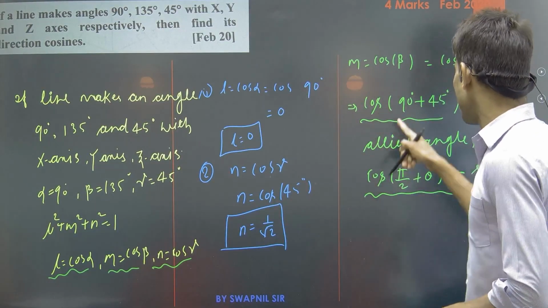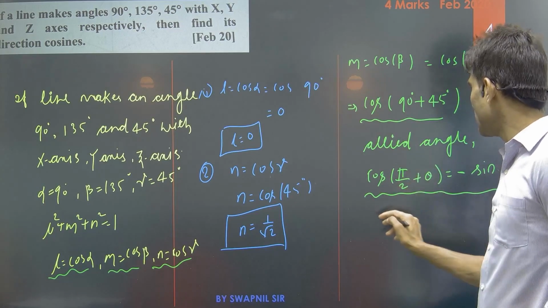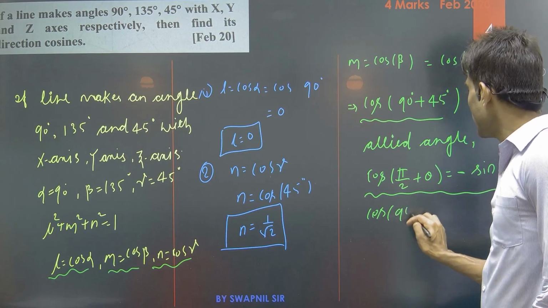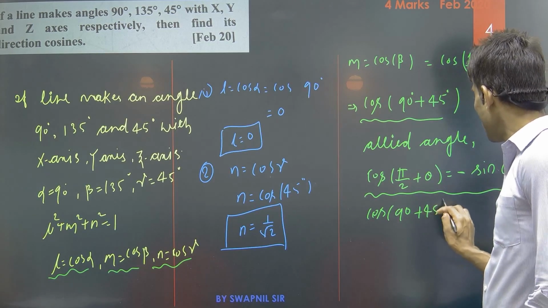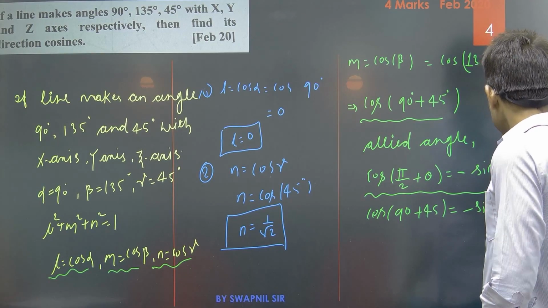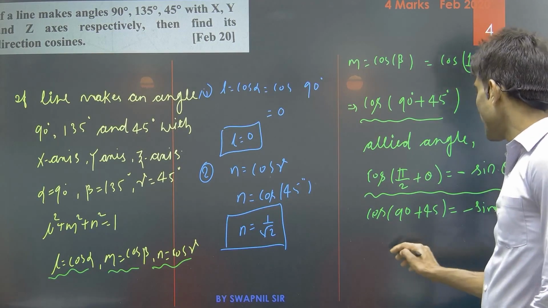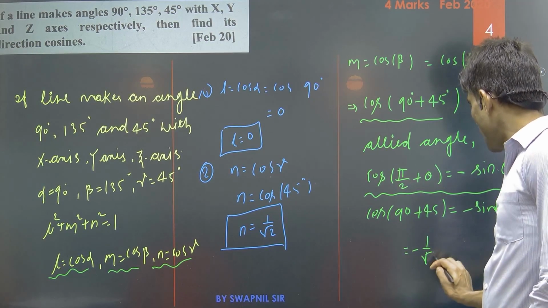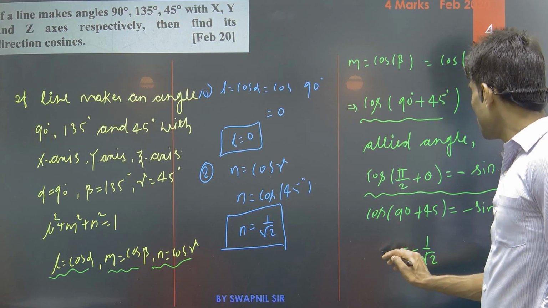Now applying cos pi by 2 plus theta, that means cos of 90 plus 45 degrees can be written as minus sine 45 degrees, and we know that minus sine 45 is minus 1 by root 2, which is the value for m.